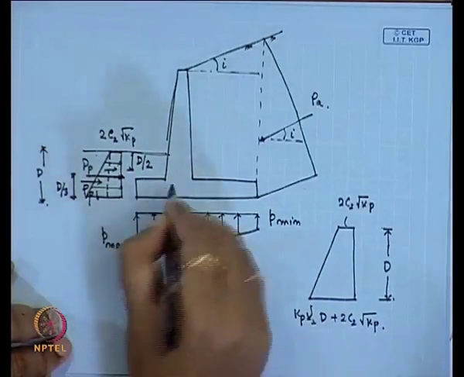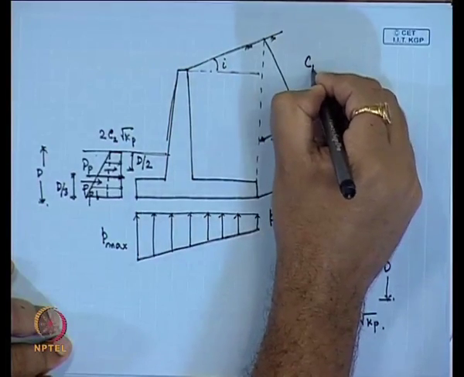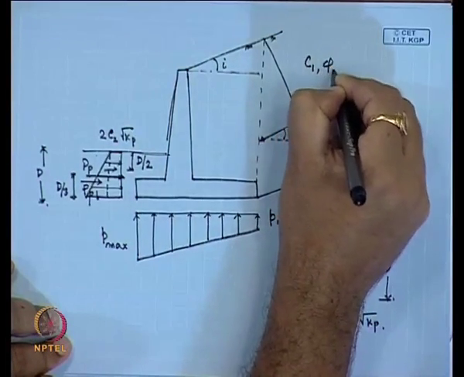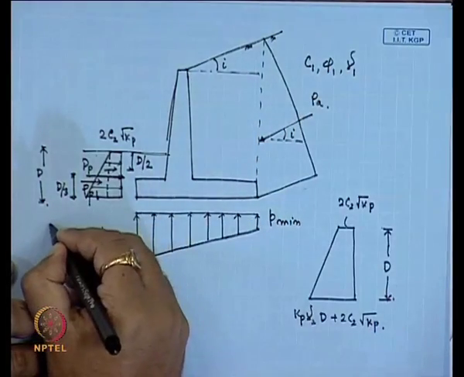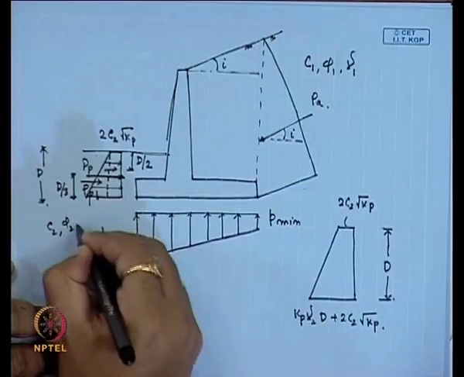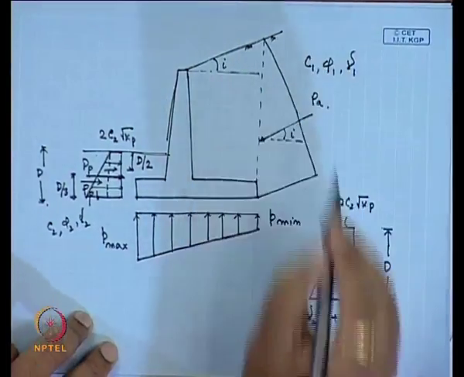Here, for the backfill we have C 1, phi 1 and gamma 1. Similarly, here also C 2, phi 2, gamma 2. In most cases, C 1 is 0 for the backfill.